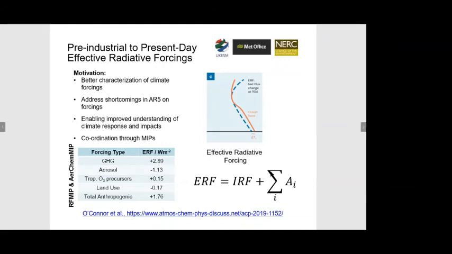And it also includes rapid adjustments both in tropospheric and stratospheric temperatures, humidity, and, important for some agents, rapid cloud adjustments as well. And the table there is showing just a top level global mean ERFs from a subset of all the experiments that we've done.